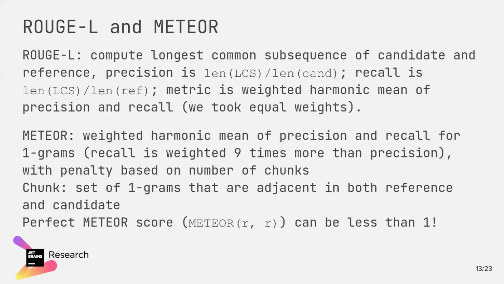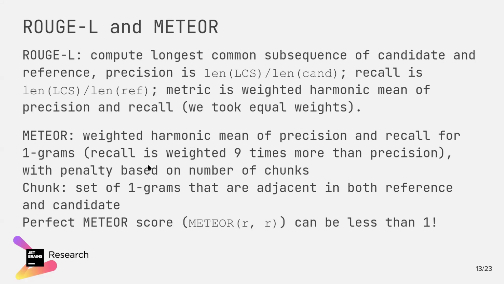The METEOR metric is more involved. It is a mixed precision-recall metric for 1-grams, where recall is weighted 9 times more than the precision, and it has a penalty based on the number of chunks. A chunk is defined as a set of unigrams that are adjacent in the hypothesis and in the reference.